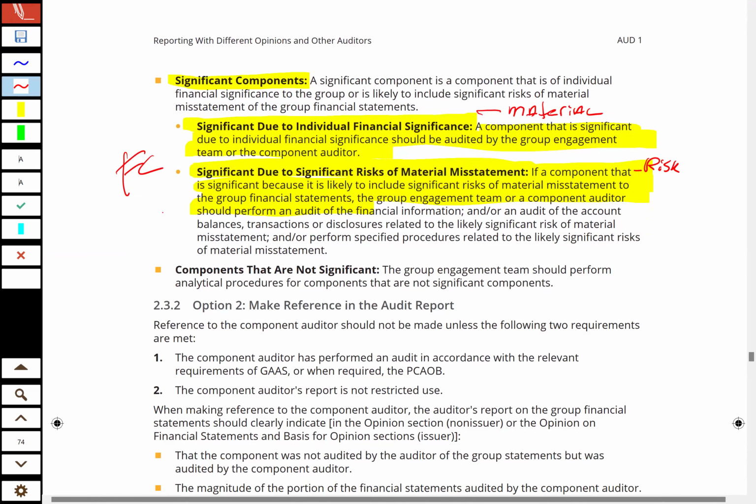If a component is not significant, then the group engagement team or the component auditor can do analytical procedures. We are going to talk about analytical procedures later, but analytical procedures are high level, and they are comparisons between last year's financial statements and this year's financial statements, or maybe we're looking at non-financial information to support information in the financial statements.